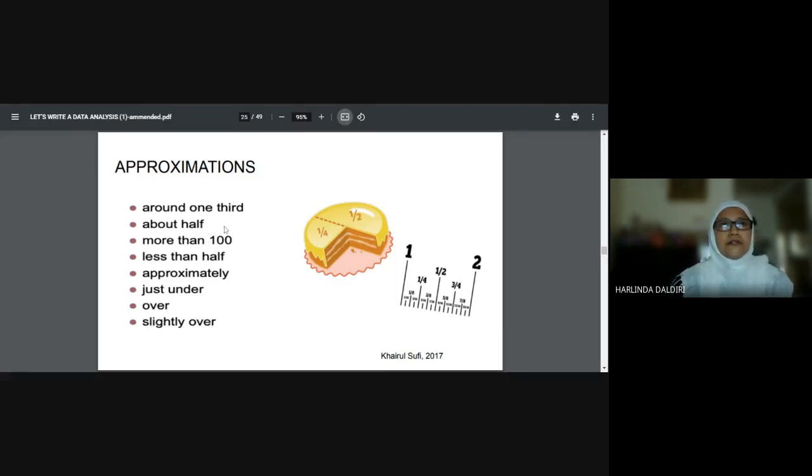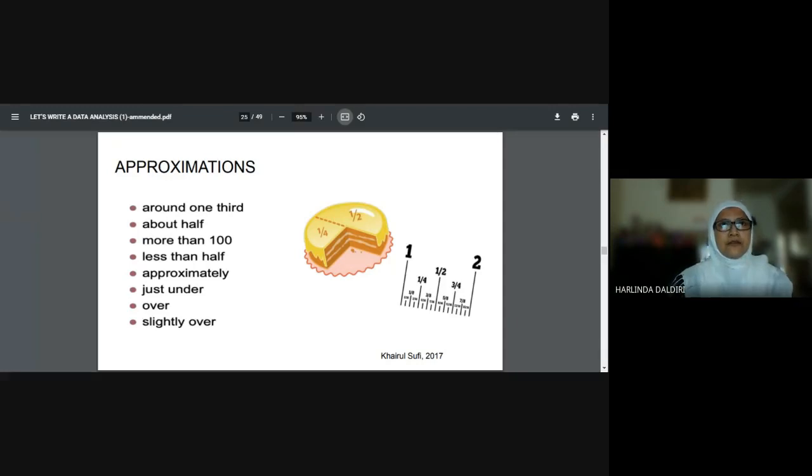Let's say you have, for example, 50%, and like Madam Azura mentioned just now, sometimes you need to use different expressions. Like when you have 50% on your data, on the graph, and you want to mention it in a different expression, you can use about half.